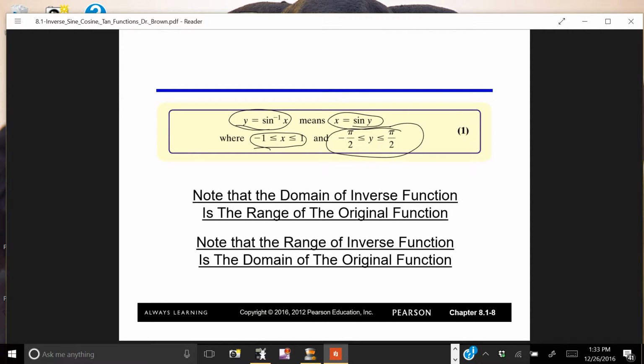Now note that the domain of the inverse function is the range of the original function, and that the range of the inverse function is the domain of the original function. So to get the domain and range of the inverse function, you just swap the range and domain of the original function.